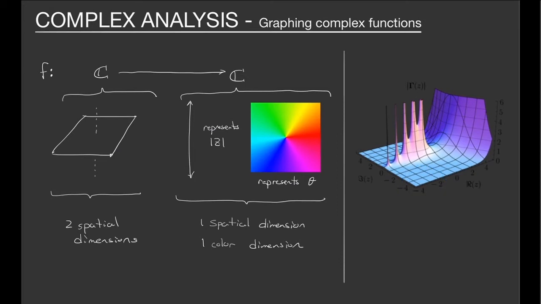So a light blue flat area, a number that is represented as light blue and very close to the plane, is a number in the codomain that is strictly or very close to strictly negative real, and it's going to be very close to the origin. Being close to the origin is represented by it being flat, by it being close to the base plane, and the color again is essentially where it is in the complex plane.